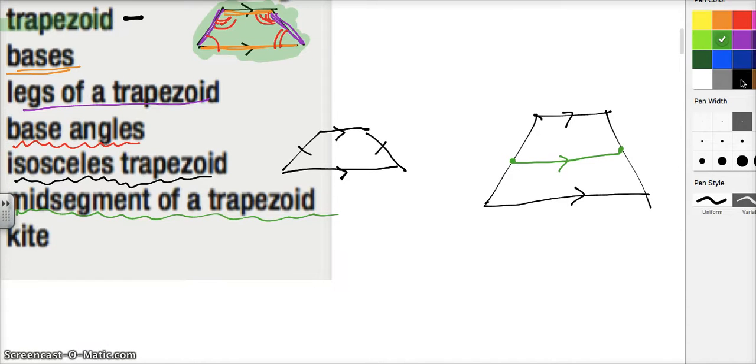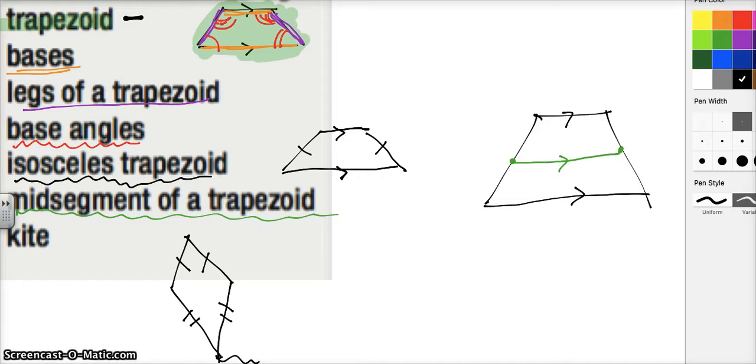And finally we have a kite. We know what a kite looks like, but how do we define it in terms of a quadrilateral? A kite is a quadrilateral where you have exactly two pairs of consecutive sides that are congruent, just as we've drawn here, and not congruent to each other.